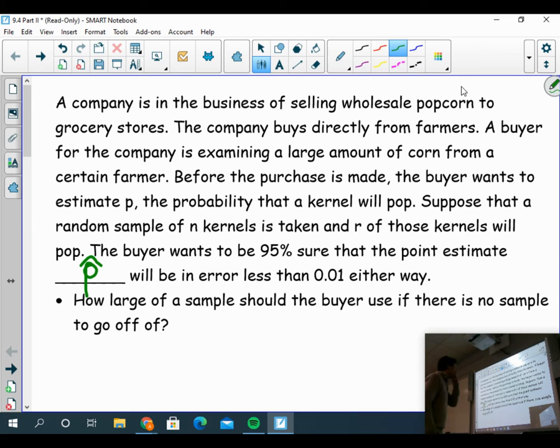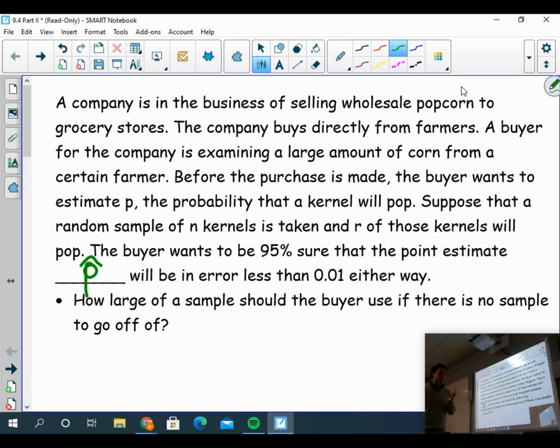Another way of thinking about this: we have a guy who's buying all these popcorn kernels, and obviously it's impractical for him to pop every single kernel, because then there'd be no product. But he wants to be 95% confident that whatever his sample probability is when he samples the corn popping, the true probability of a kernel popping is not more than 1% away from his sample proportion.